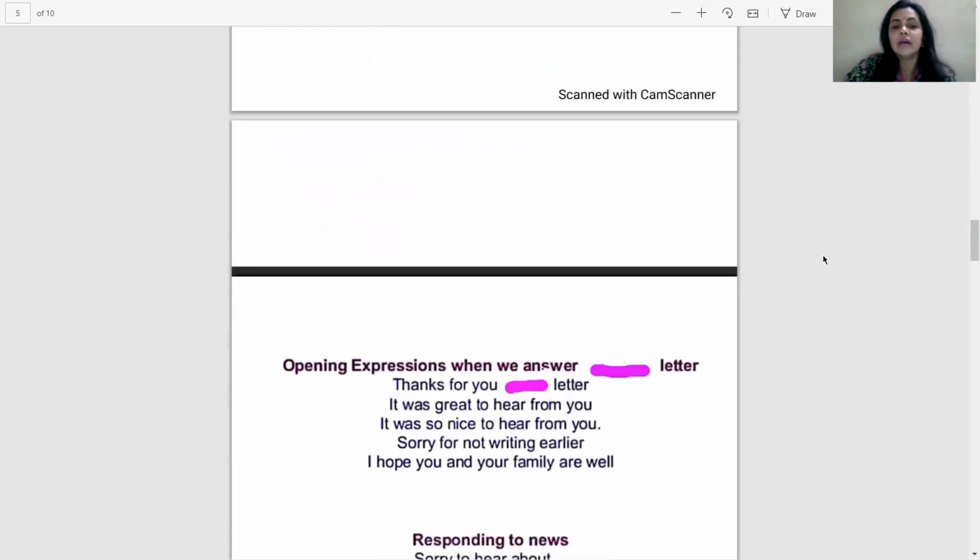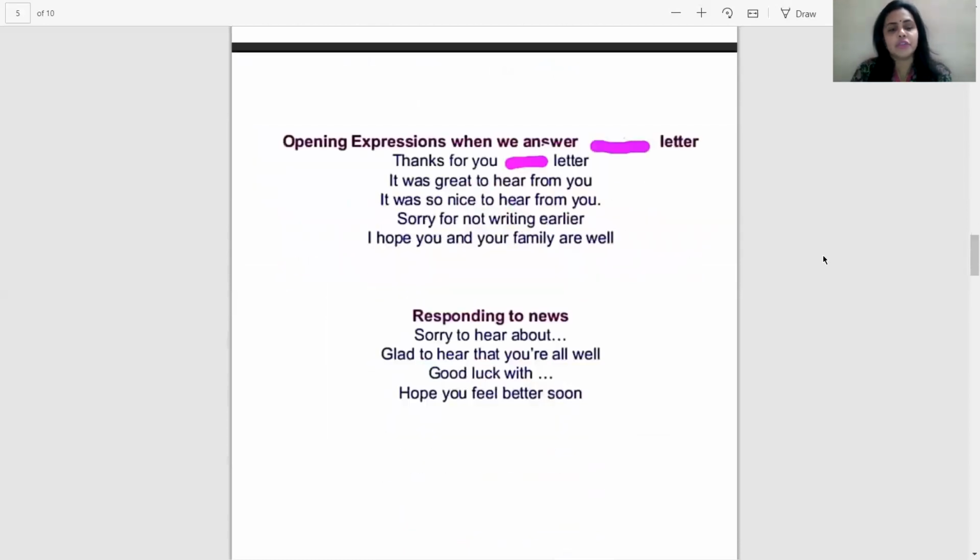Let's see. There are a few more expressions which may open an informal letter, and those expressions could be: thank you for your letter, or thank you for the letter. Specially, a colored mark is given so that you understand this is for the letter. Okay, thank you for this letter.